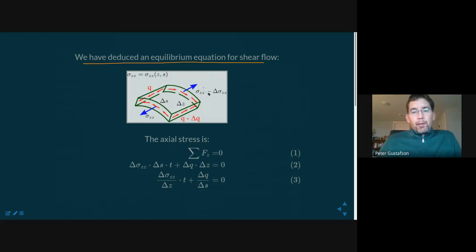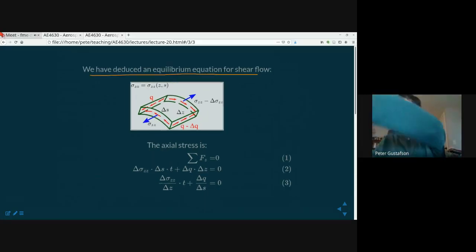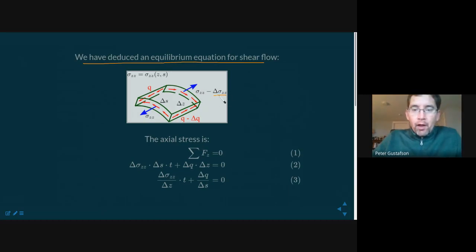We have bending stresses, sigma zz, on each side. There is a change of sigma zz across the distance dz. I'm having trouble with my mouse today. It must be in a bad spot on my desk. It's not drawing well. All right, there, that's a little better.